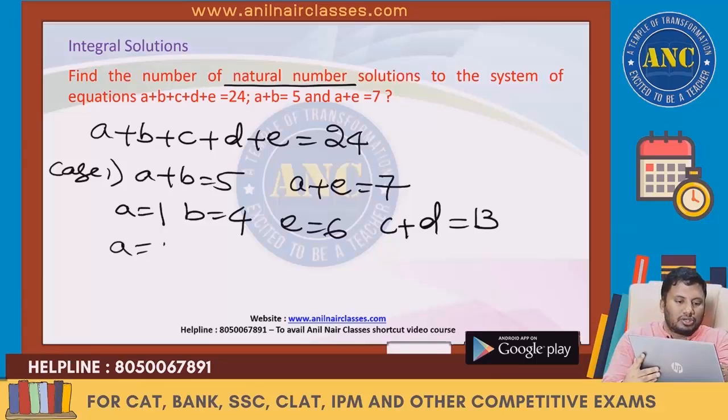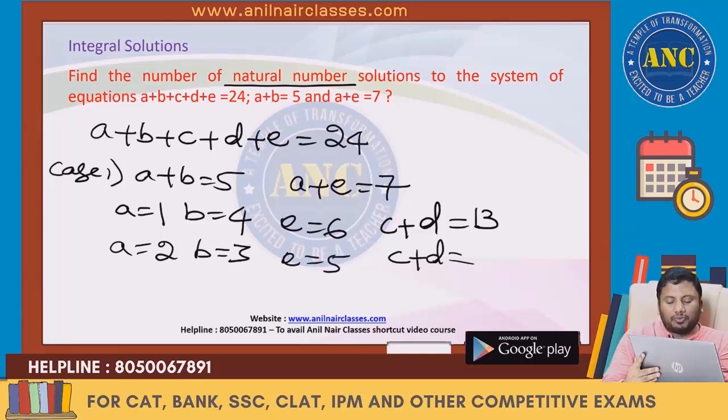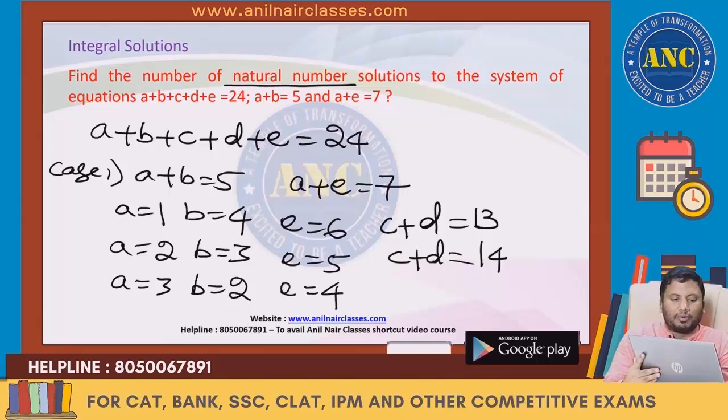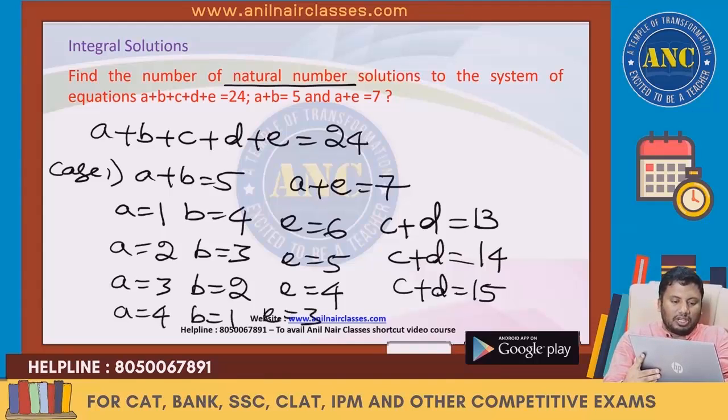If a is 2, b will be 3, e will be 5, c plus d will be 14. If a is 3, b will be 2, e will be 4, 9 means it is 15. If a is 4, b is 1, e is 3, it will become 16. A5 is not possible.